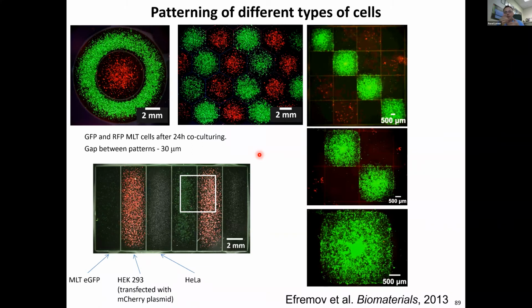So it's convenient to make 2D patterns using manual pipetting in this case. And such patterns of cells on the surface are important for fundamental biological studies, to study how different cell types communicate, how they interact with each other on surfaces or in tissues.